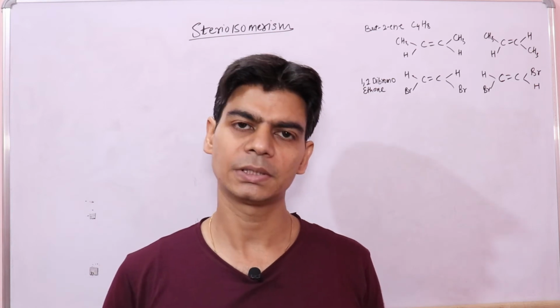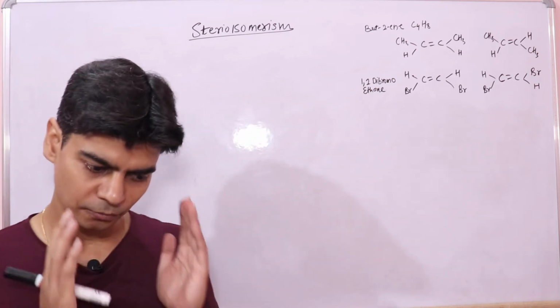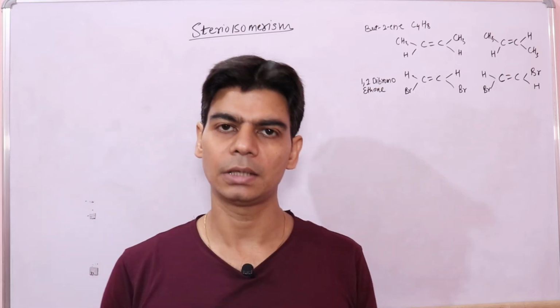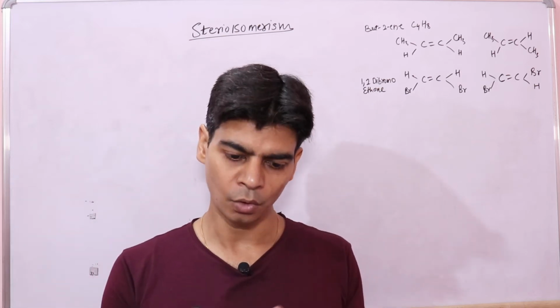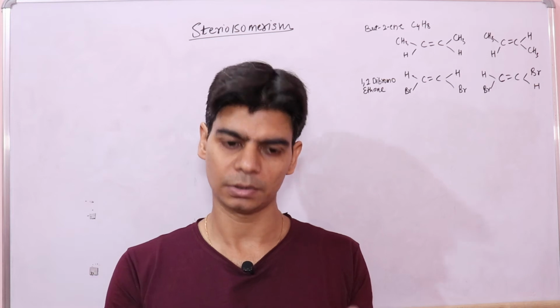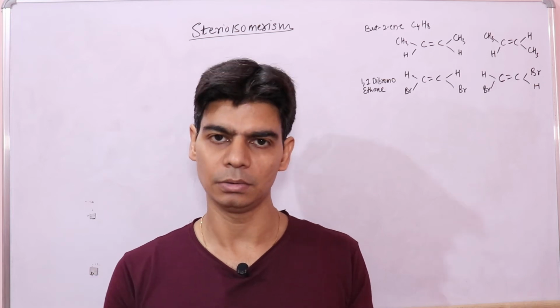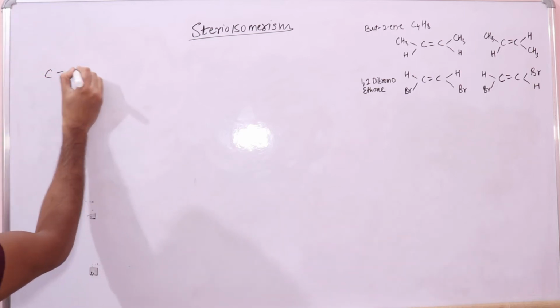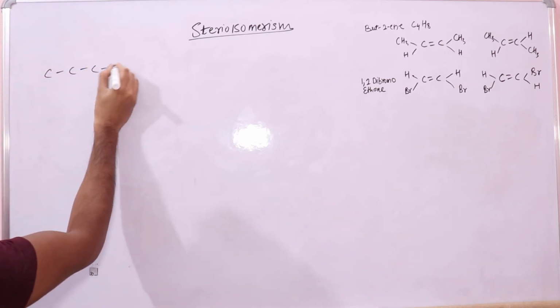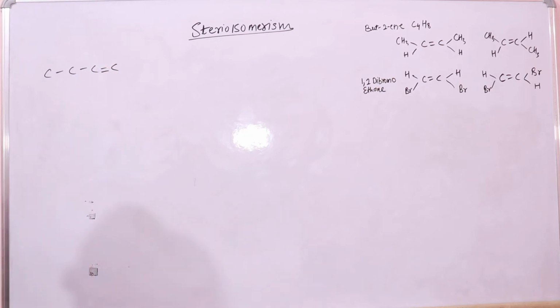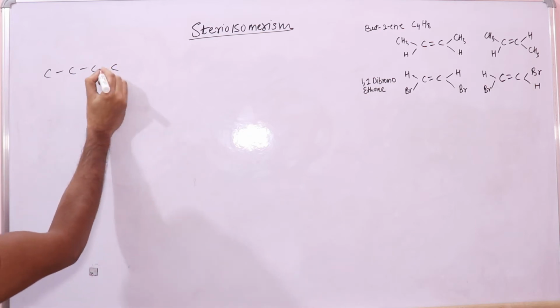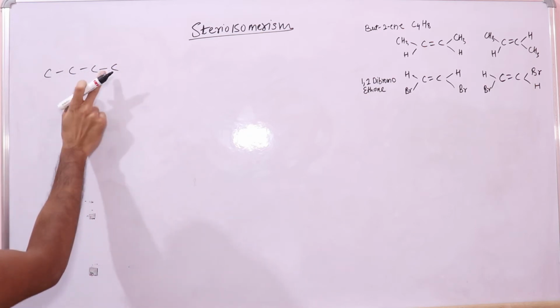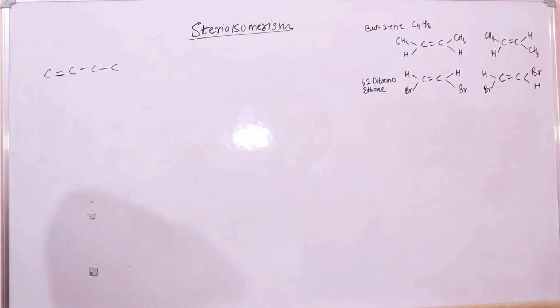In structural isomerism, mainly we were looking at how atoms are connected to one another, and how bonds, say a double bond, are arranged between two atoms. For example, if you have this chain of carbon atoms, say you have a double bond between these two carbon atoms in one isomer, and in another isomer this double bond is present between these two carbon atoms.